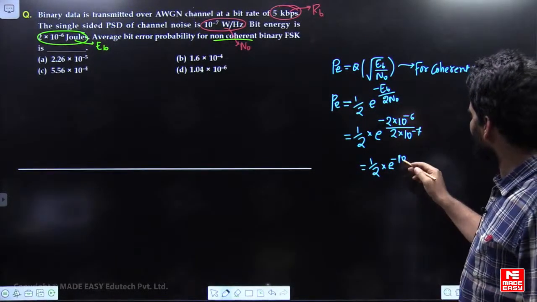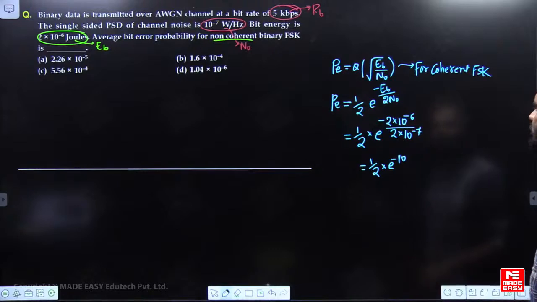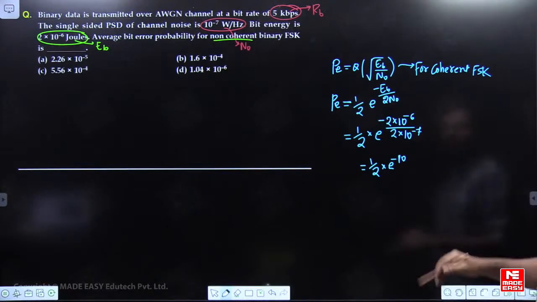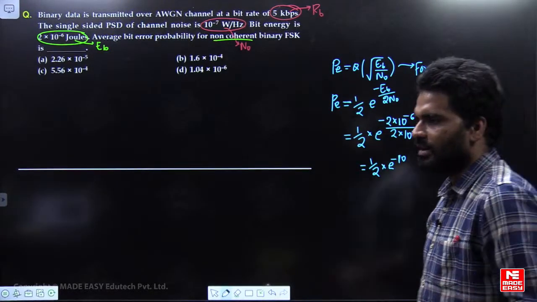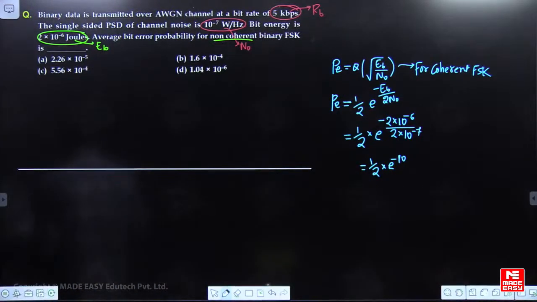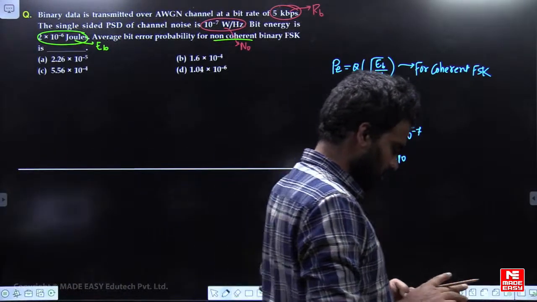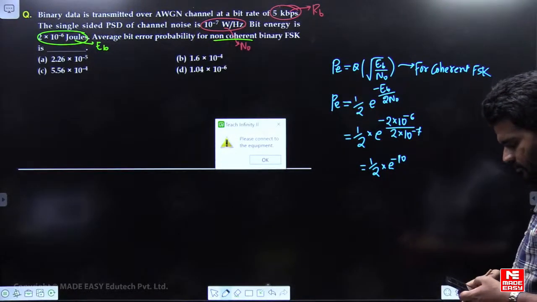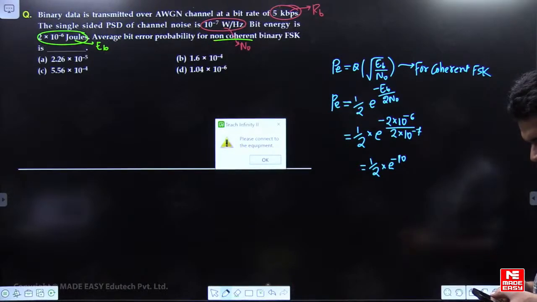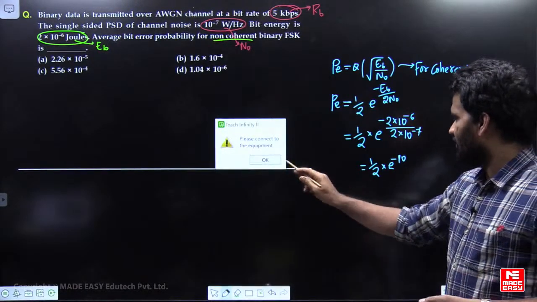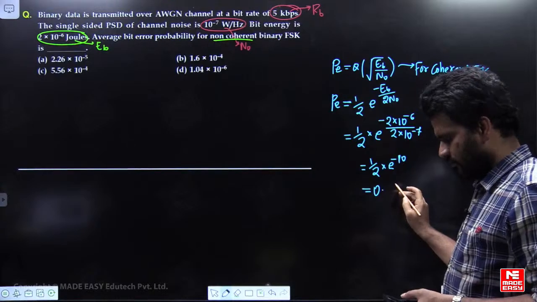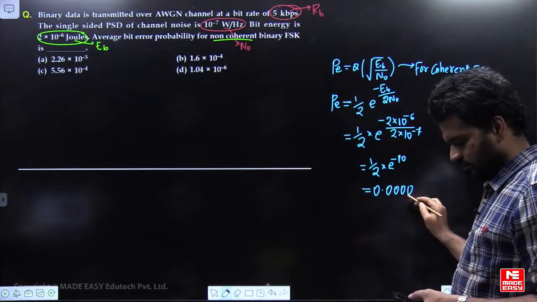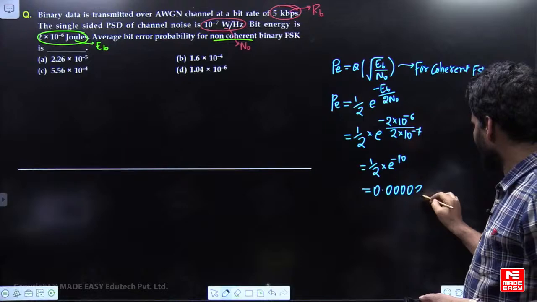Half e power minus 10, since 10 power minus 6 plus 7 is 10 power 1 only. So the answer is half e power minus 10, which is 0.0000226.